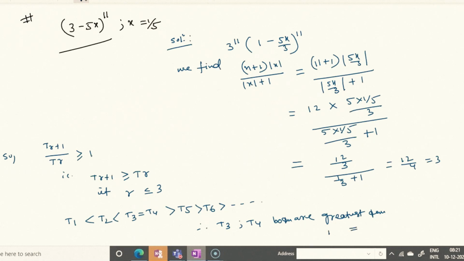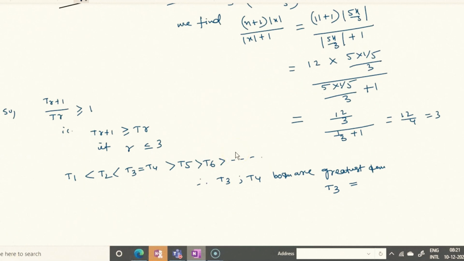And the value of T3 is going to be just T4, that is 11C3, then 3 to the power 11, NCr a to the power n minus r x to the power r.